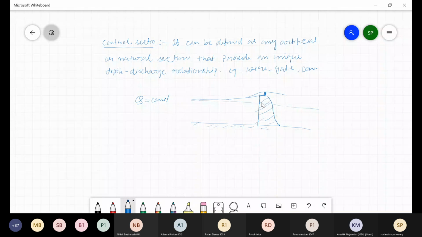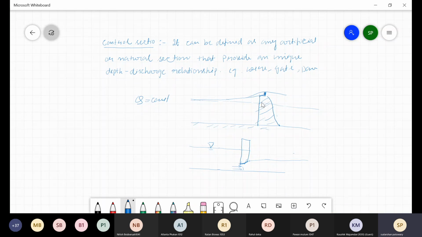Suppose this type of structure. This is the water surface. Now if we place a gate here, like this, and this is the opening, because of that the water surface here is like this, and water will be released through this opening.